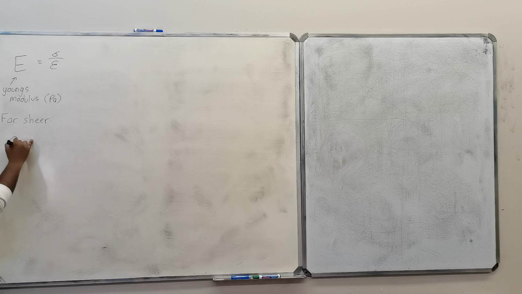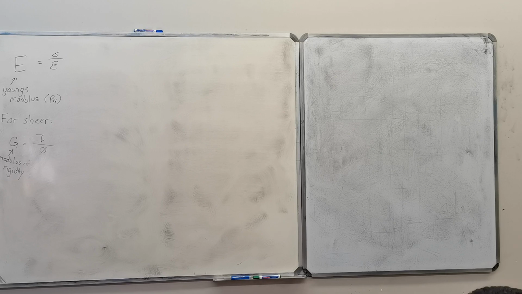That is capital letter G, equal to shear stress over shear strain. So you can see the difference with symbols. Same formulas, just different symbols. Young's modulus is stress over strain; modulus of rigidity is shear stress over shear strain.